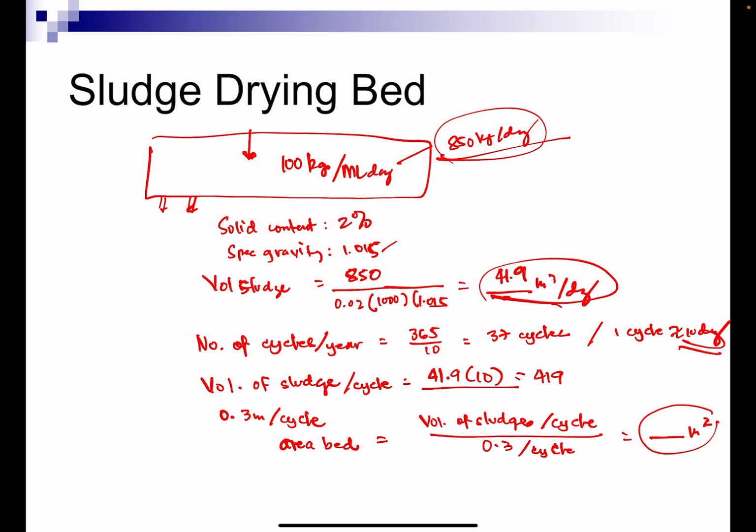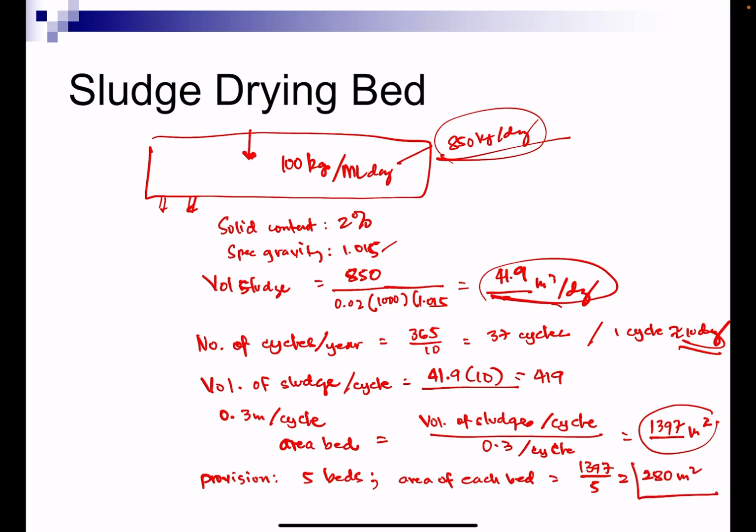So if my area is 1397 meters squared, and our provision is 5 beds, the area of each bed would be 1397 divided by 5. That's roughly 280, so you get around 280 meters squared.